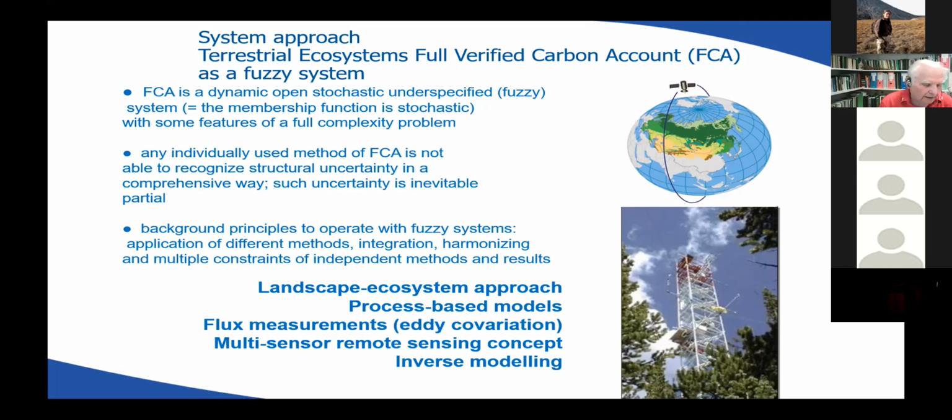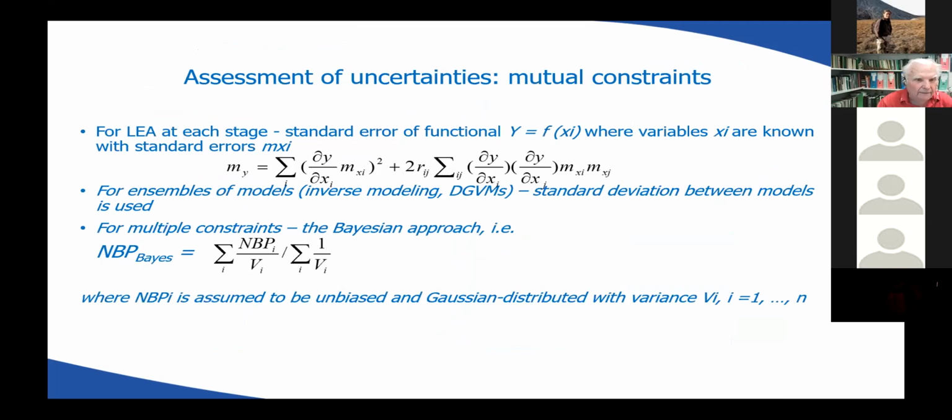If we have an underspecified or fuzzy system, we cannot estimate reliable uncertainty exactly without any evidence. So we have to use everything we could use, different methods, and try to find something from these methods. I mean that we could calculate uncertainty using a Bayesian approach, but there are many questions, theoretical and practical.